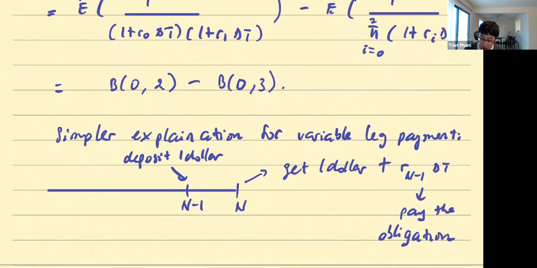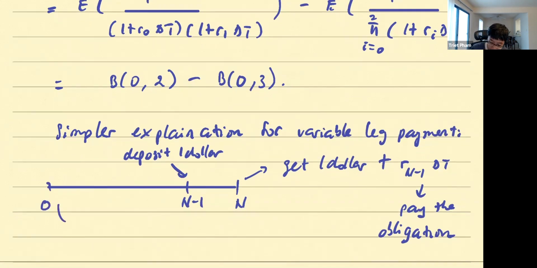So the value of this whole thing to the investor is what? They put $1 in at this time, they get $1 out at this time. So from the point of view at time zero, what would the investor see as the cost for this whole operation? The cost for him is exactly this value minus this value.